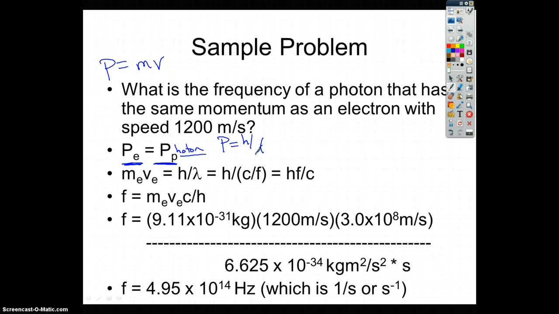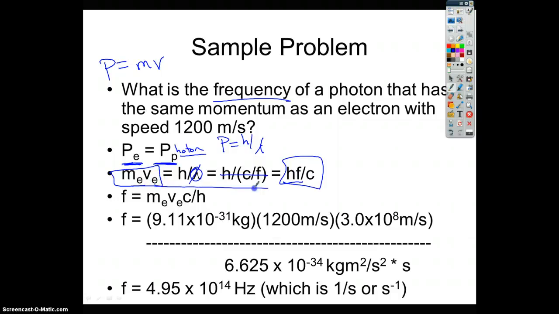So for this one, we have to try to find frequency. So instead of this, we're going to use c over f. And when you rearrange this, you end up with hf over c. That's equal to the momentum of a particle, which is m_e times v_e, because that's an electron.